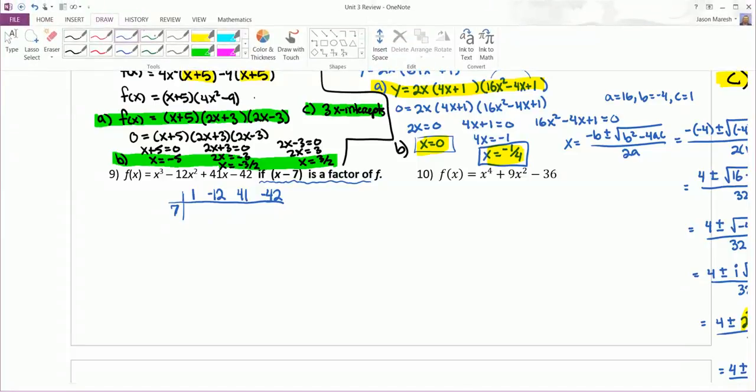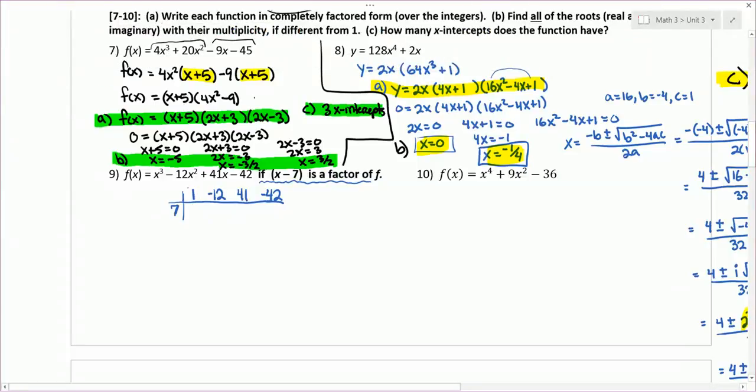And the pattern to this is whatever that first number is, in this case a 1, bring it straight down. So we got a 1, and then multiply 7 times 1, which is 7, and add that product to the next number up at top. So 7 times 1 plus negative 12, or you can say 7 times 1 minus 12.